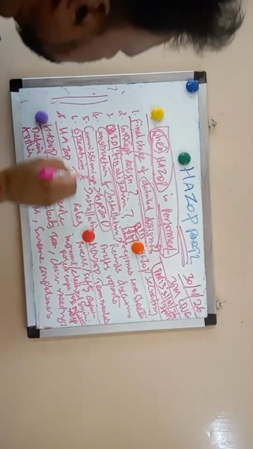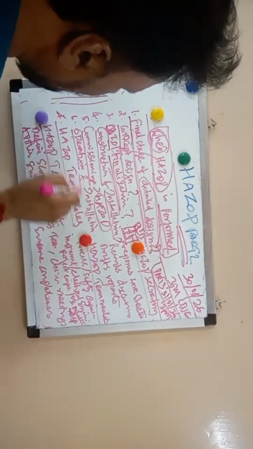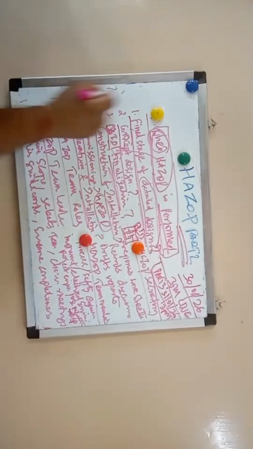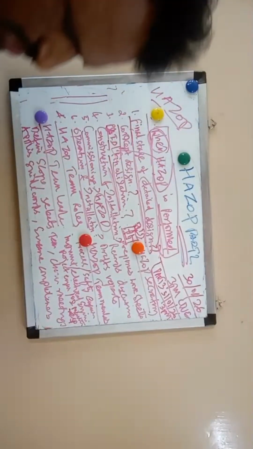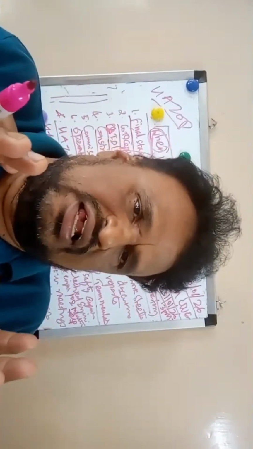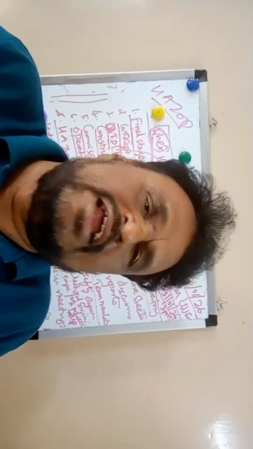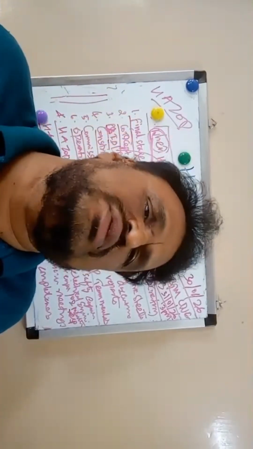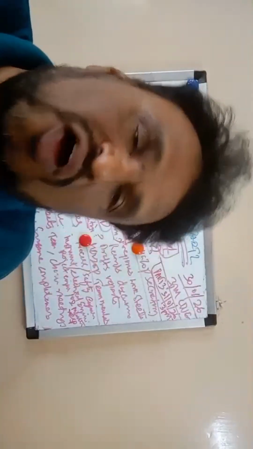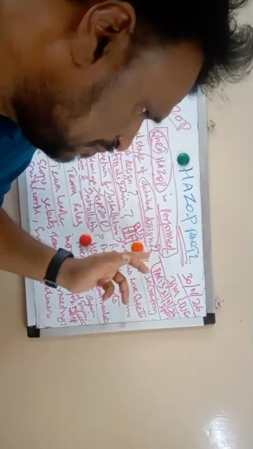Then during operation and installation, HAZOP is also performed. The operation means to know the hazards during the operation and also the installation. Sometimes new machineries are installed in an already existing plant, and that time also this HAZOP is performed.